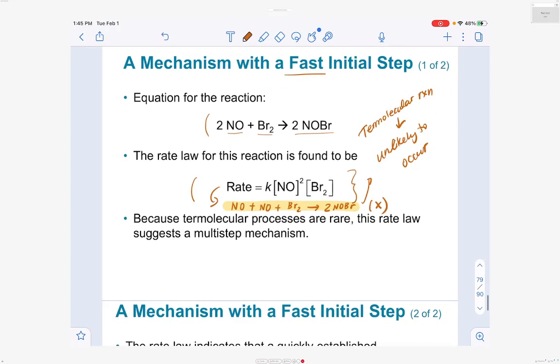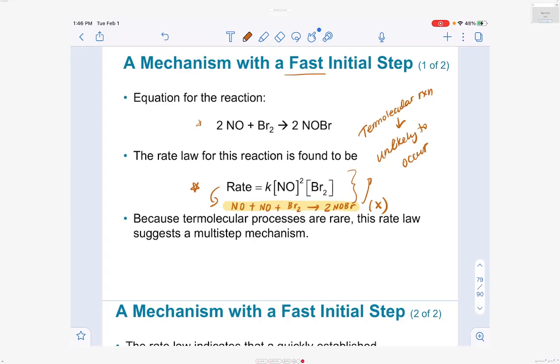Okay. So I'm going to explain one more time. We are provided the overall equation. This is the overall equation that they provided. And then from the experiment, we know they provided that the overall rate law looks like this.